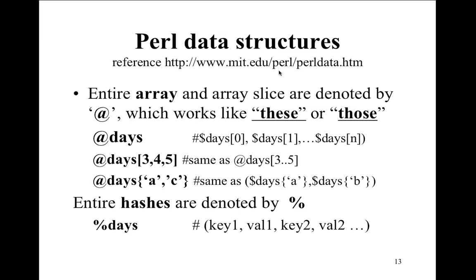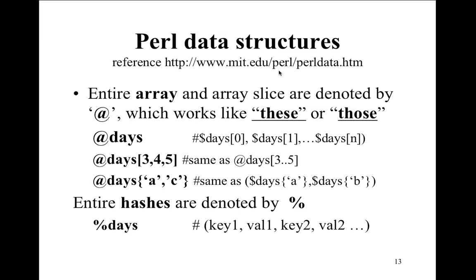So the entire array and the array slices are denoted by the @ symbol we've seen, which works like these or those. So it's very English-like. I can say the days, so scalars use the, arrays are these or those because you have more than one.